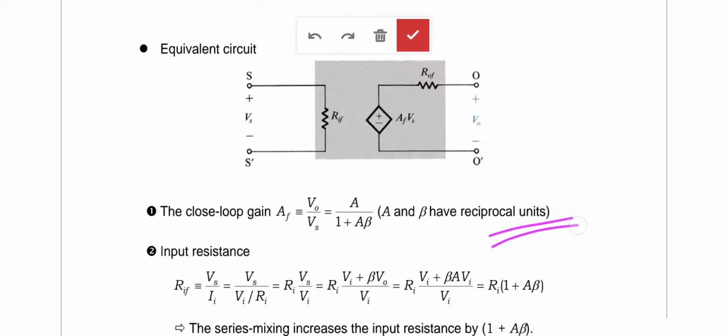So try to do this. If it is negative feedback, then it is always A by 1 plus A beta. If it is positive feedback, it will be A by 1 minus A beta. So that has to be kept in mind.